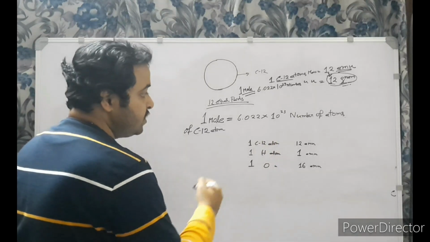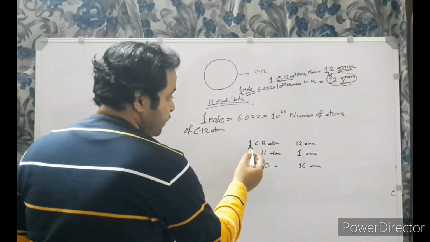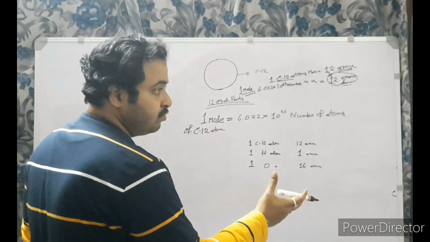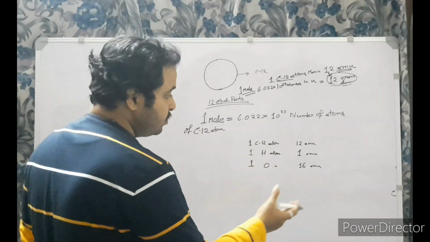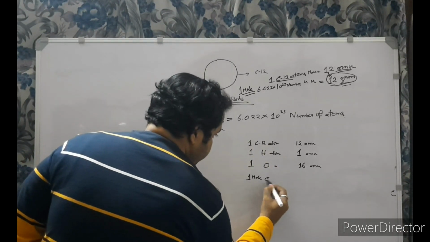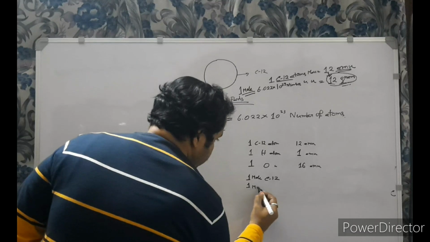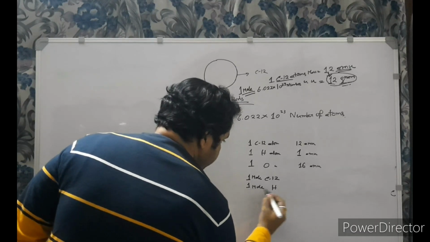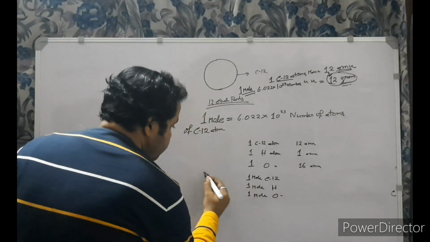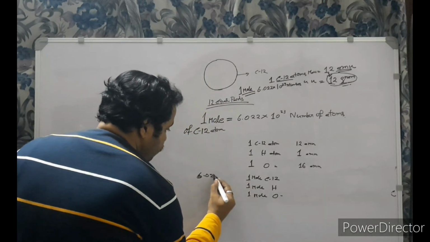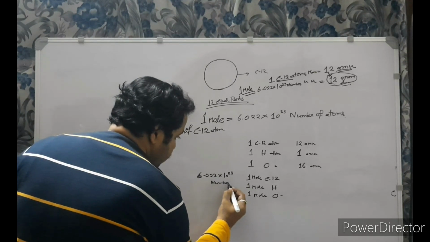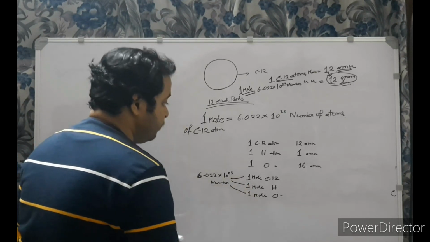So the physicists or scientists said that if we convert this into Avogadro number of atoms, or 1 mole of atoms, it would be 1 mole of carbon 12, 1 mole of hydrogen, 1 mole of oxygen, meaning 6.022 into 10 to the power 23 number of atoms in all of them.